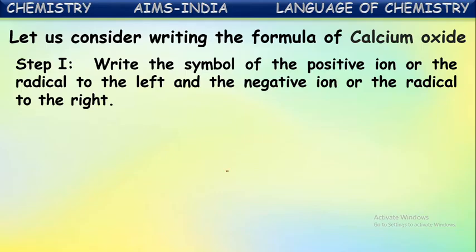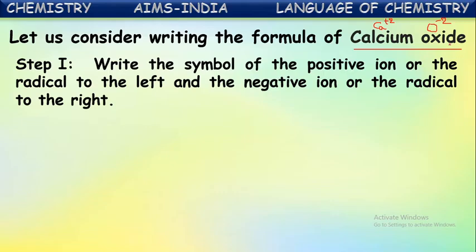For example, the formula of calcium oxide. Calcium ion is the positive ion, Ca plus 2, and the negative ion is O minus 2. If we know these two ions, we can write the molecular formula of calcium oxide.